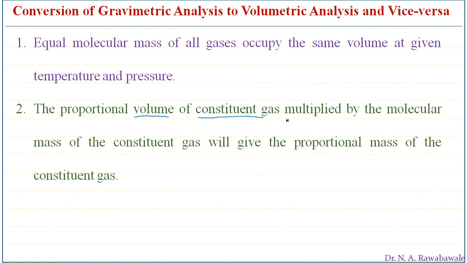If this volume is multiplied by the molecular mass of the constituent gas, it will give the proportional mass of that constituent gas.